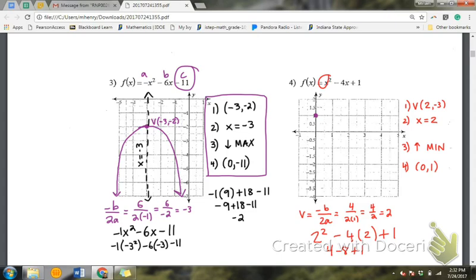So we're at 2, -3. We're labeling our vertex. Yep, label your vertex always.